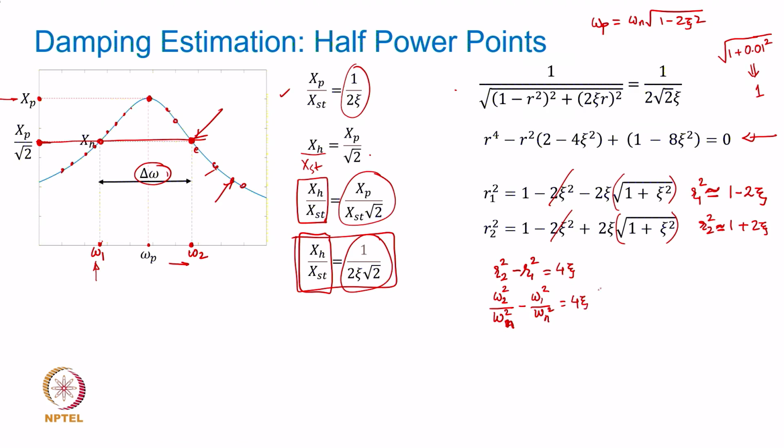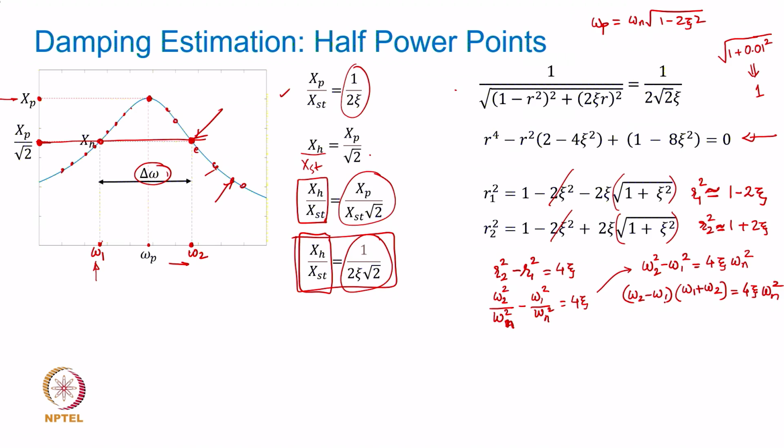Now, what do I do? I can write this expression as omega 2 square minus omega 1 square equal to 4 zeta omega n square, and I write this as omega 2 minus omega 1 times omega 2 plus omega 1, equal to 4 zeta omega n square.